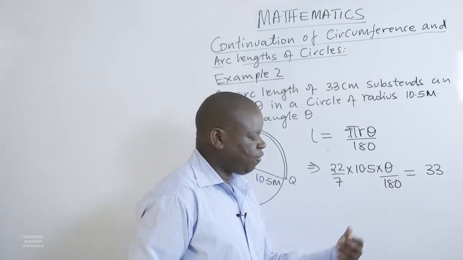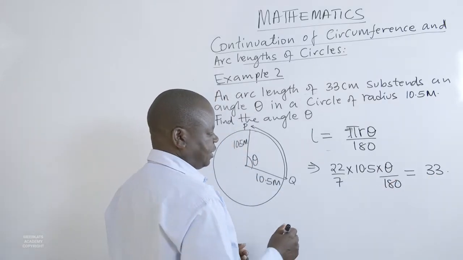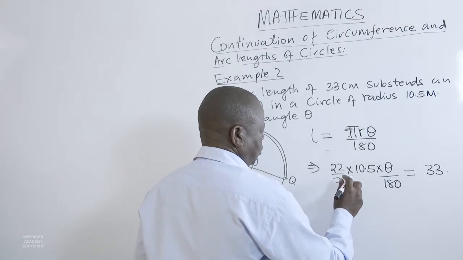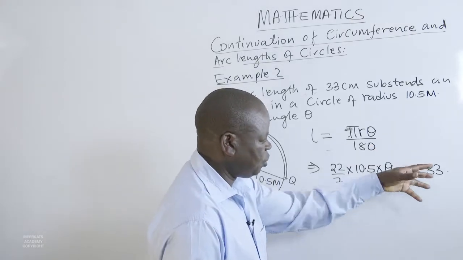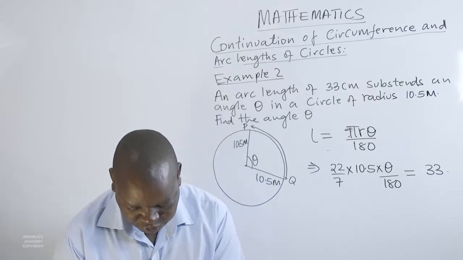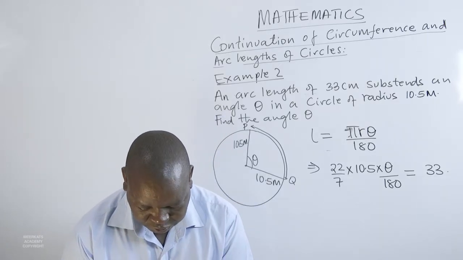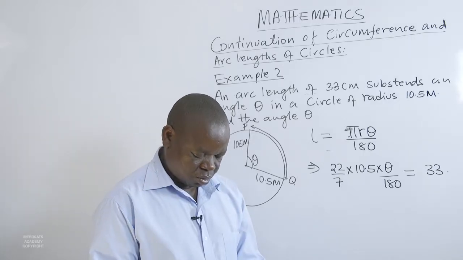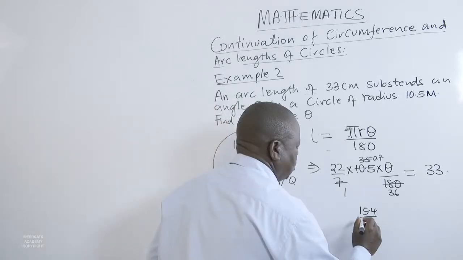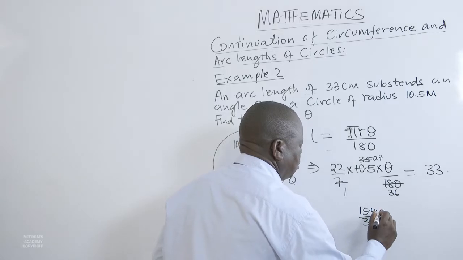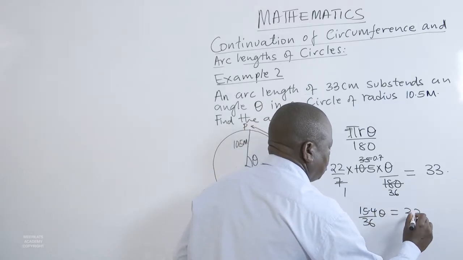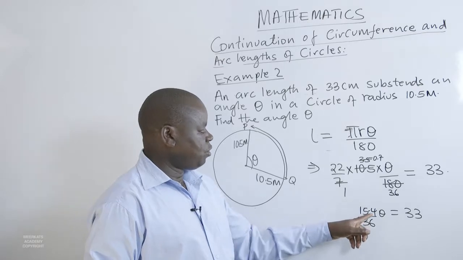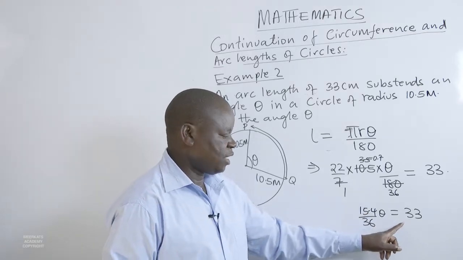So you do simplification on this. You can multiply and then you finally divide. Let's see what comes out of it. So 15.4 over 36 is equal to 33.